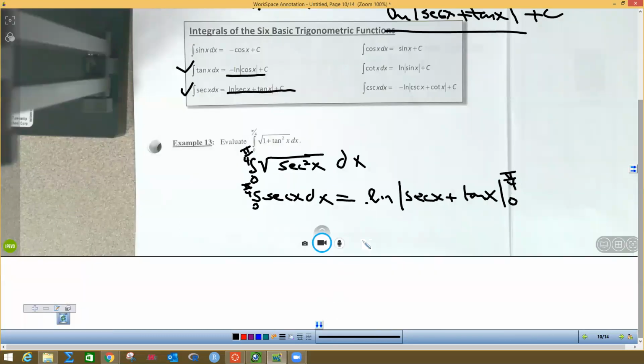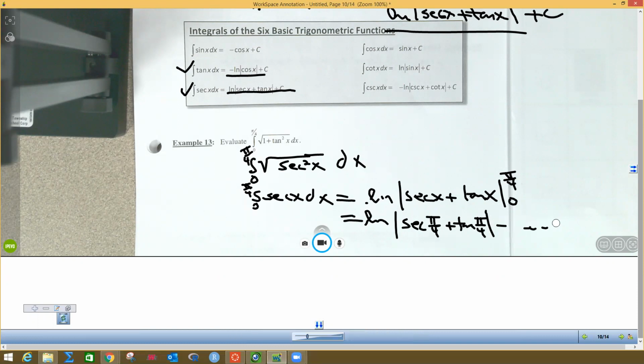So we're going to come on down here, and we're going to get the natural log of the secant of pi over 4 plus the tangent of pi over 4 minus the natural log of the secant of 0 plus the tangent of 0. Oops, I left off natural log, my bad. I've got to put natural log in here.